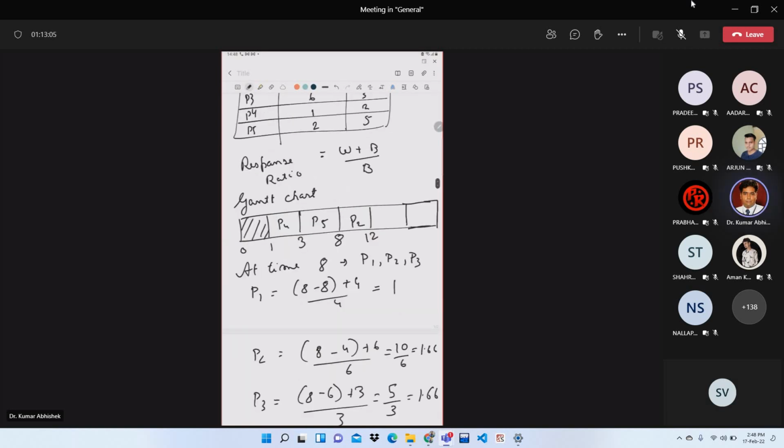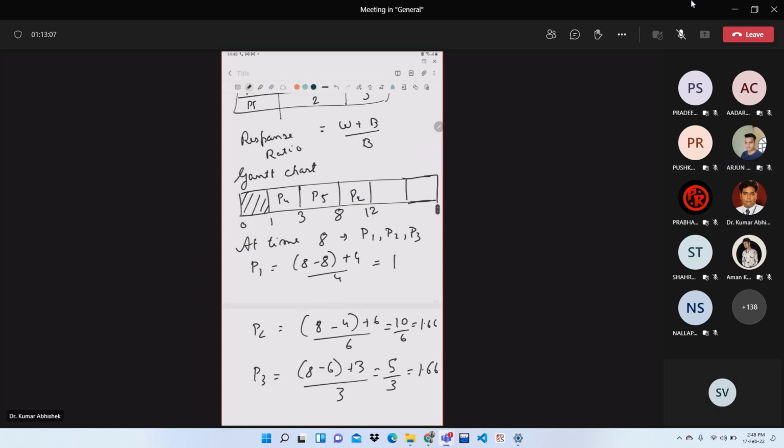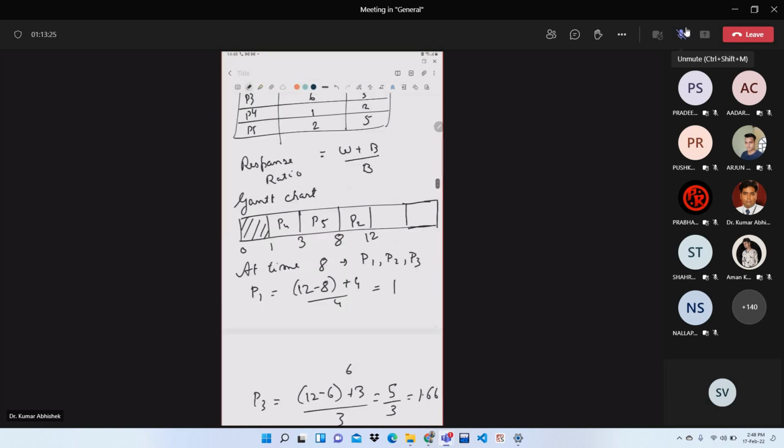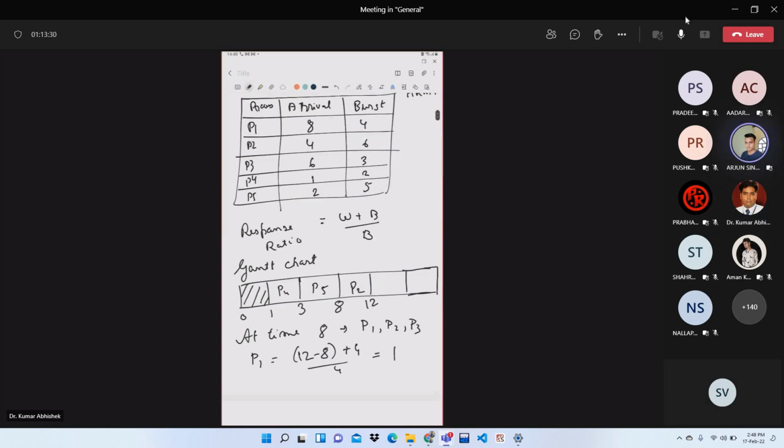So P2 will execute till 12, and at time 12, what do we have? It's 14 now. Burst time is 6.